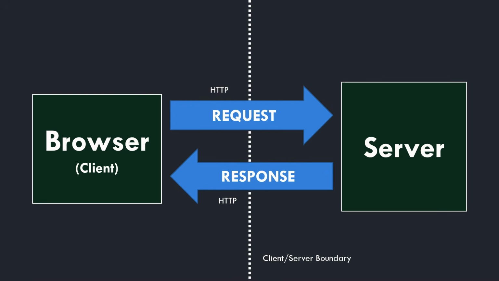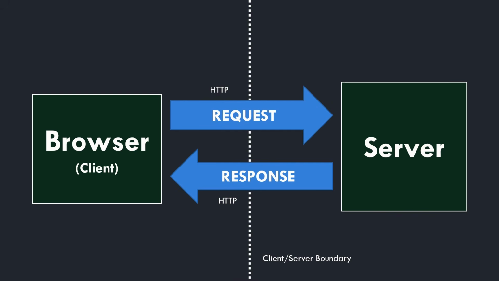Crossing that boundary is very clear when you're doing the work manually. You make a request from the browser. You handle a request and create a response on the server. But when dealing with modern JavaScript frameworks, that boundary is often abstracted away from us in some way. That can make it feel like the browser and server are one unified system, but really they aren't.